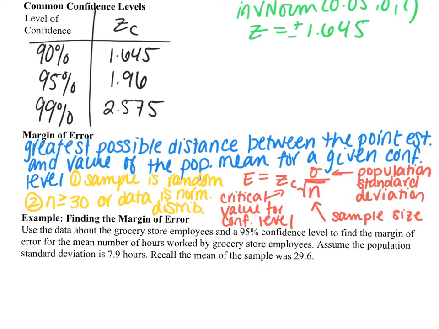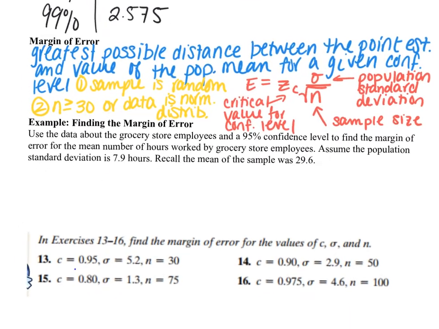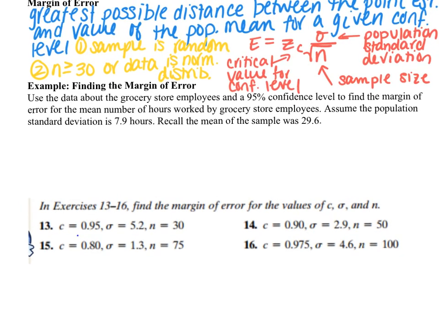So if our sample size is bigger than 30, it's fine. You don't have to worry about the data being normally distributed. But if our sample size is only 10, then somewhere in the problem they have to tell you that the data is normally distributed. So let's find our margin of error.